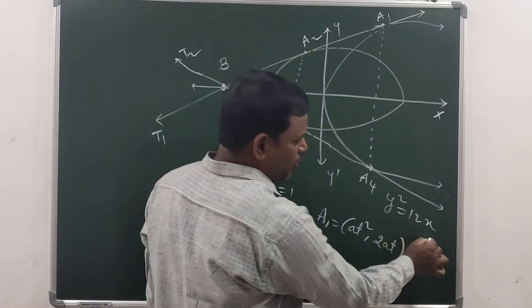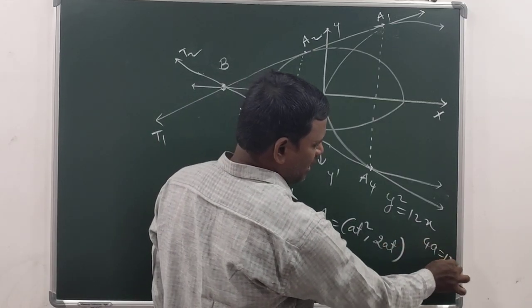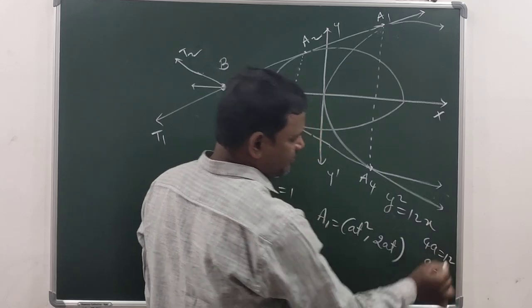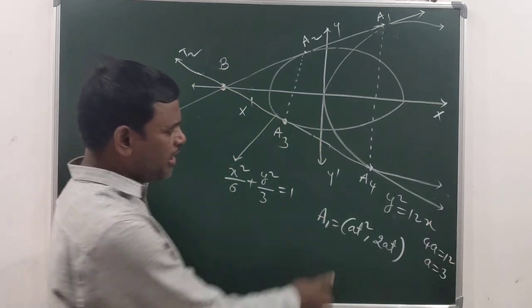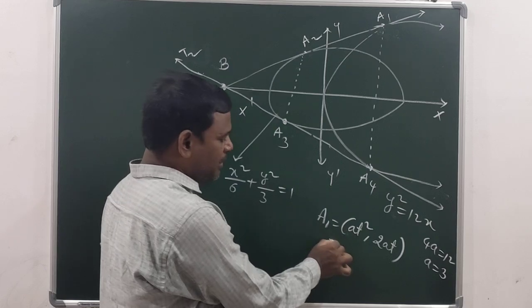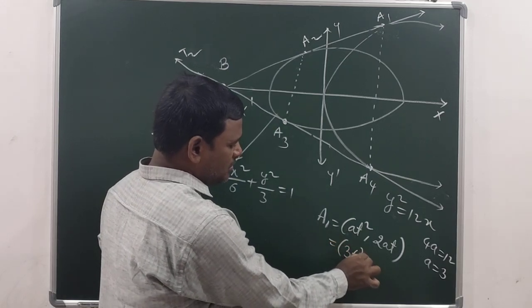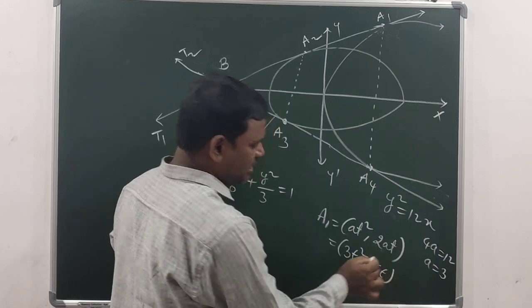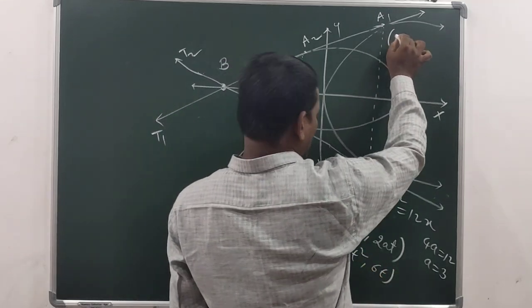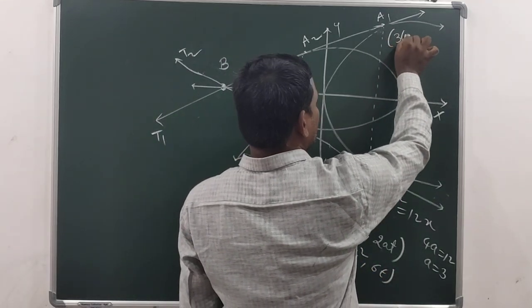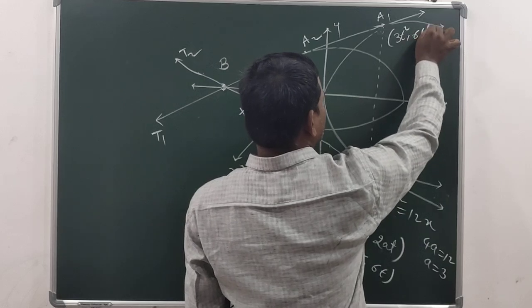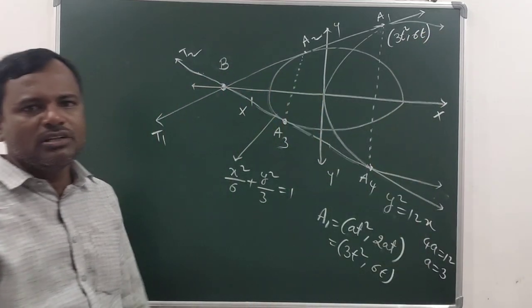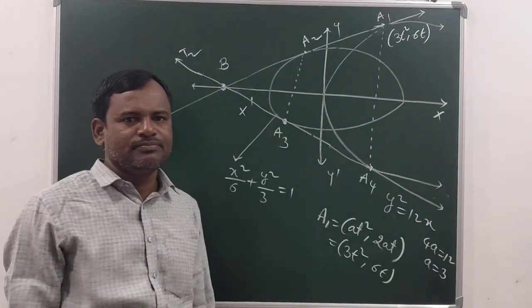Here 4a is equal to 12, then a equal to 3. Now if you write a as 3 here, it becomes 3t square, and 2 times 3 is 6, so 6t. Now come here and write the coordinates: 3t square comma 6t. You got the coordinates of A1.